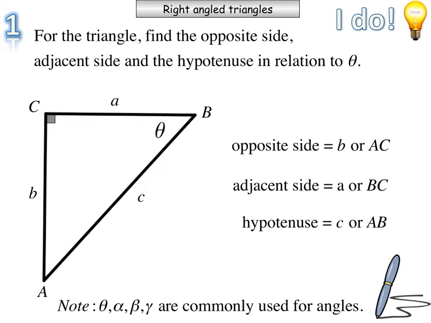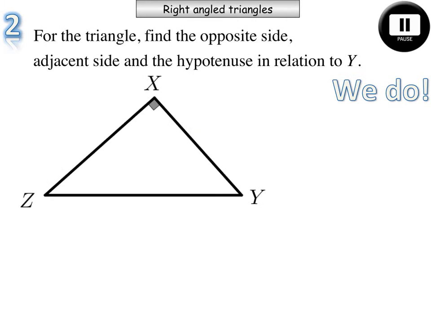The hypotenuse is always opposite the right angle, which is little c, which is that side there. We can sometimes call it by its vertices, sometimes by its side lengths. So as I said before, theta, alpha, beta, gamma, they're all Greek letters and they're commonly used for naming angles.